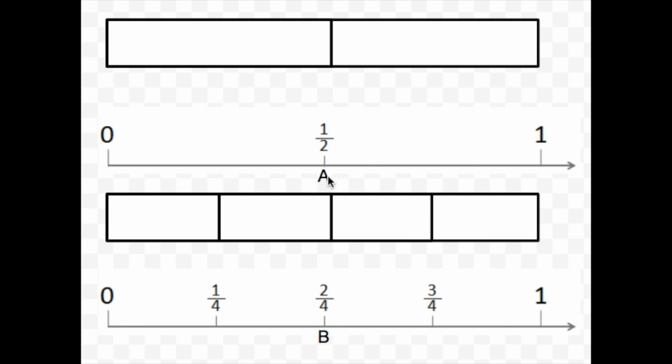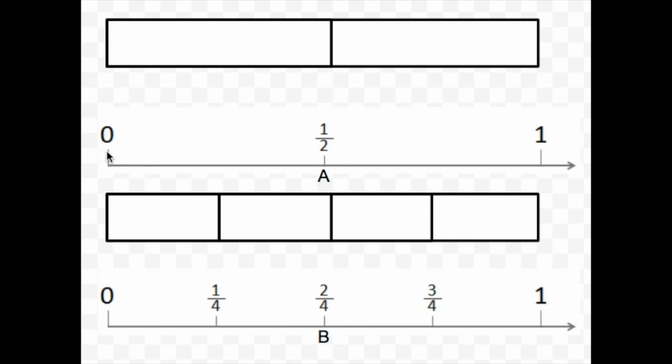If we look at A and we look at B on our number lines, we want to determine is half equal to 2/4. We will be using a number line and some blocks to help us to visualize or to see how these two numbers are equal or have the same size.